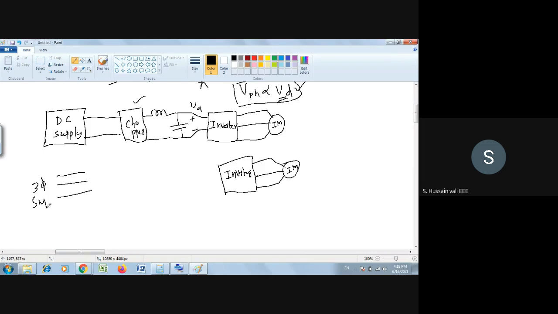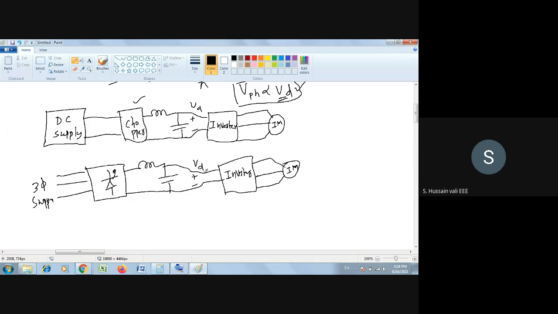You have the three-phase rectifier here, and of course, you will have a controlled rectifier. Why a controlled rectifier? Because by controlling the firing angle, you can control the output of the rectifier. So you get different VD here. This is another way to get different values of VD to the input of the inverter.